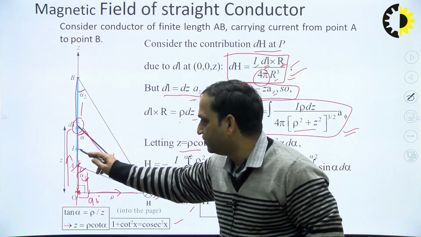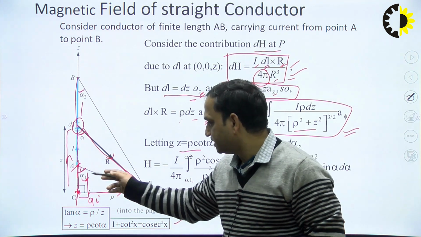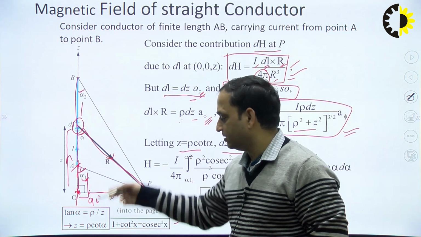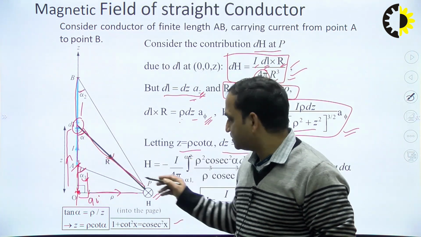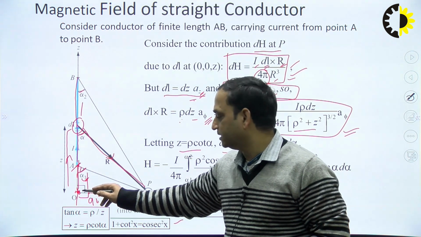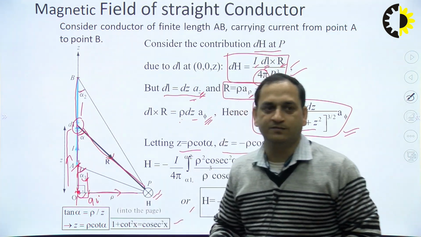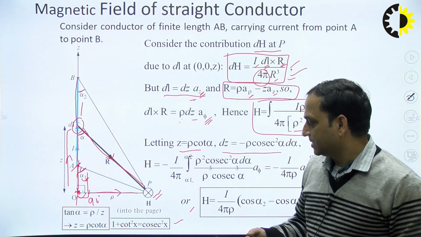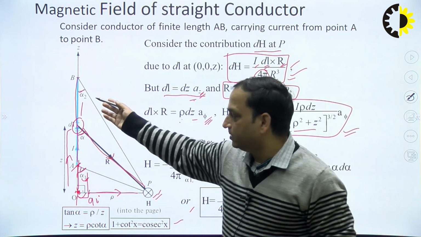If A is going up, alpha 1 will decrease. When A is infinite, this point will be very near to the line. When it is very near to the line, what is this angle? This angle will become 180 degree. So simply put 180 degree, and alpha 2 will be 0.